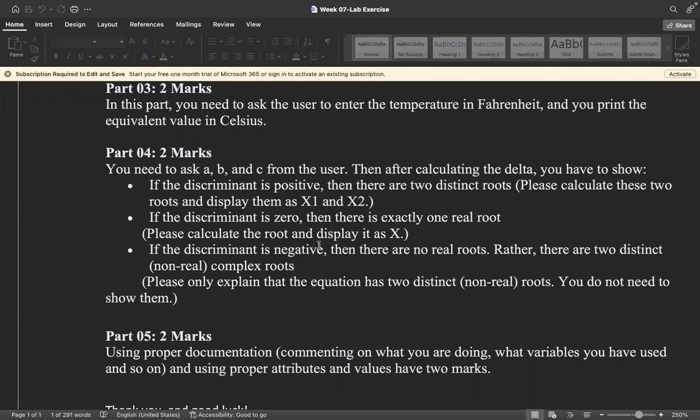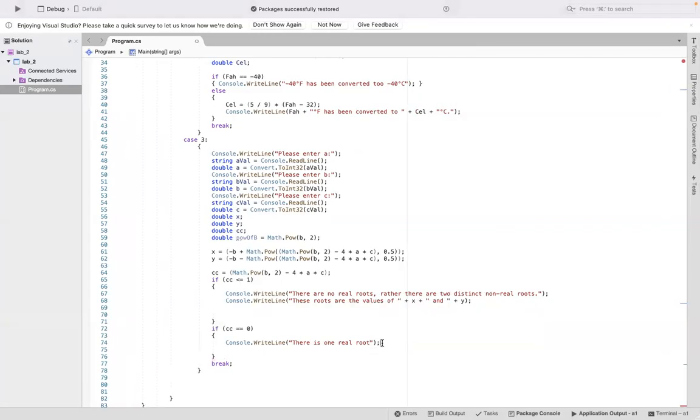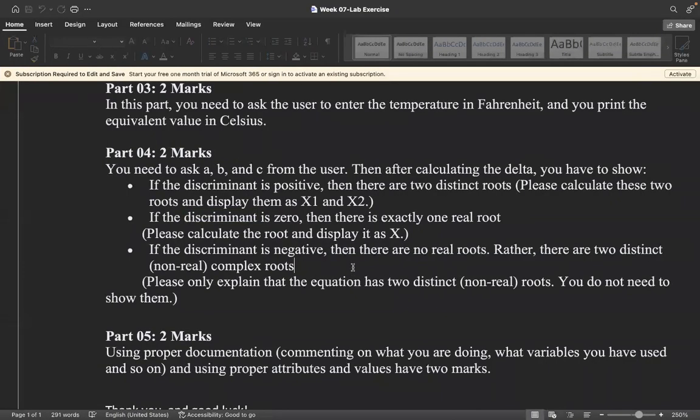Do we have to display? Okay, so we have to display the value of the root. You calculate the root and display it as X. So what we would have to do is calculate the root. But then if it says display it as X, then technically, you just want to display X over there or the actual value? Well, it's telling us to calculate it.